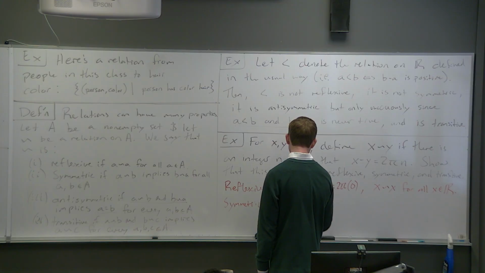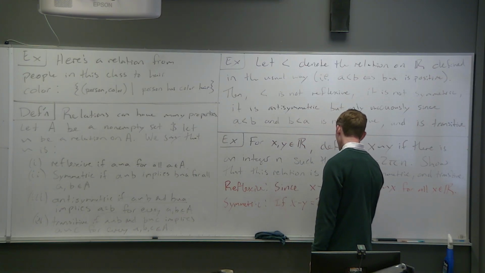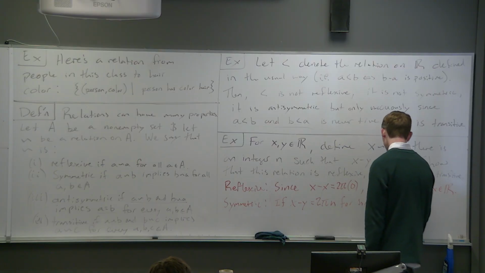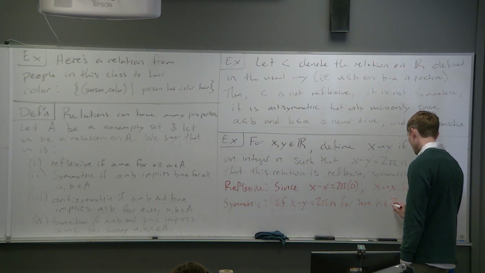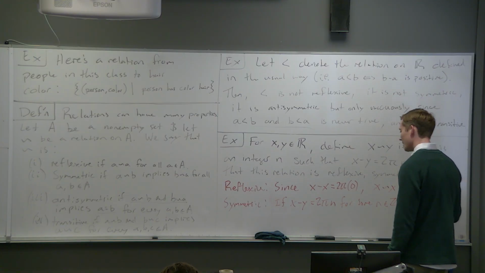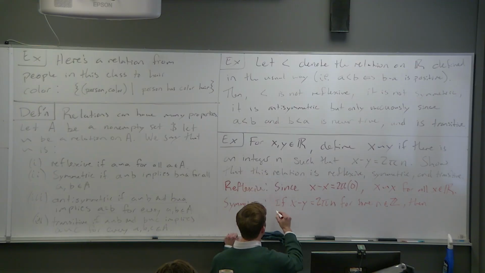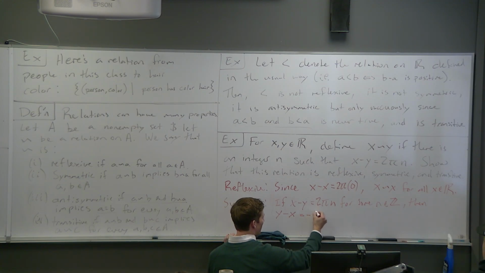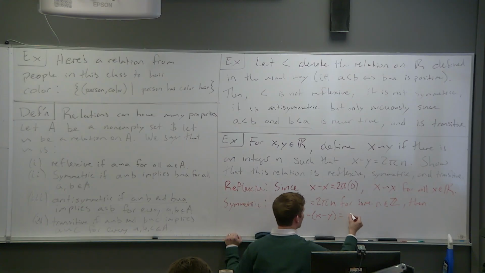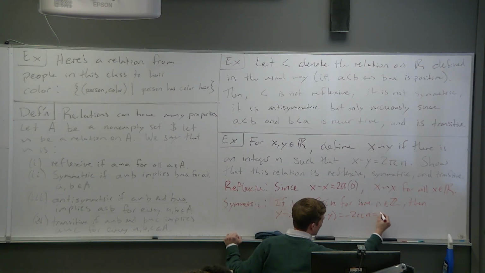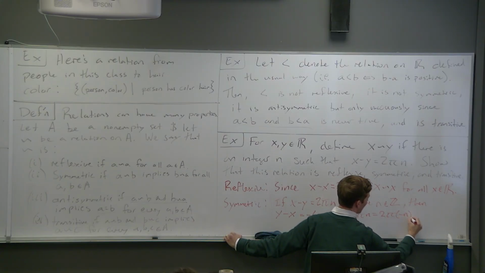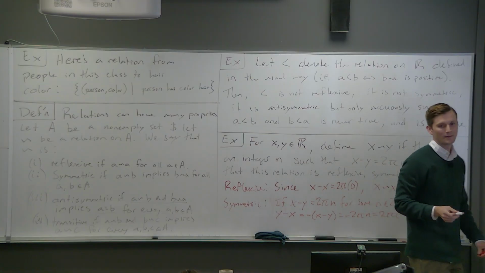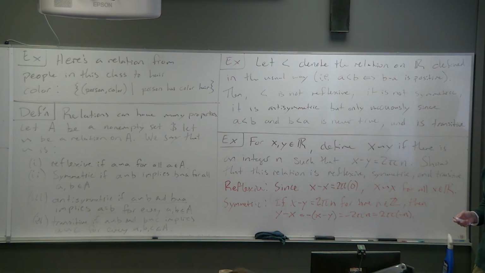If x minus y is equal to 2 pi n for some n in the integers, then y minus x is equal to, well, that would be minus x minus y, which would be minus 2 pi n, which is 2 pi times minus n. Do you agree with that? Maybe? Sorry if I'm getting low on the board here.